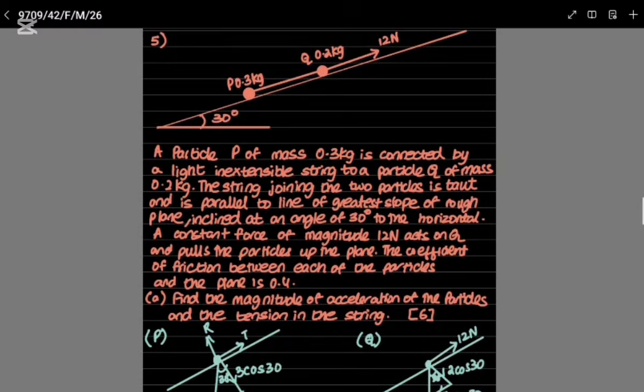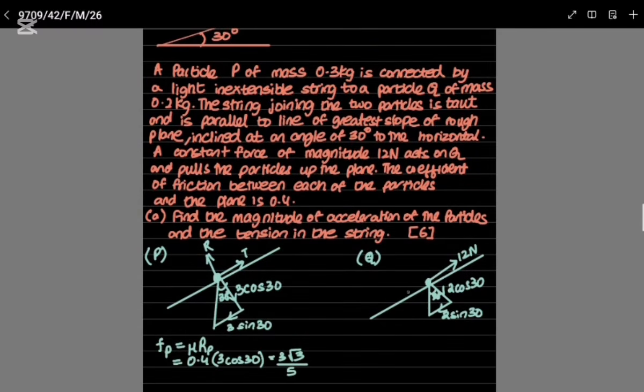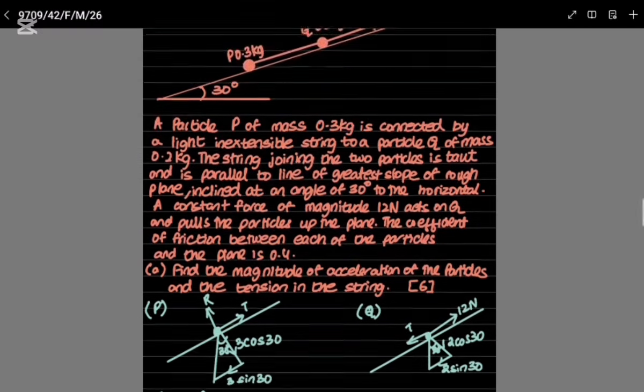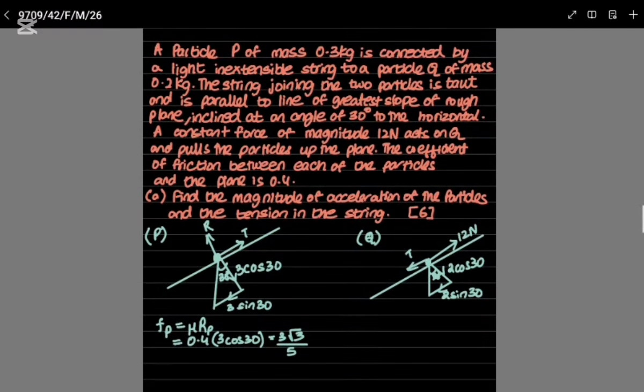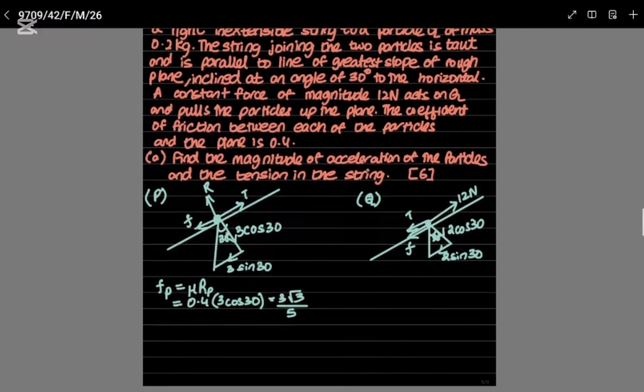Now what else? We have tension away from the object, but this time tension acts leftwards, down the plane. And friction always opposes the motion, which is upwards, so there is friction downwards. I forgot to label friction for P, this is friction.